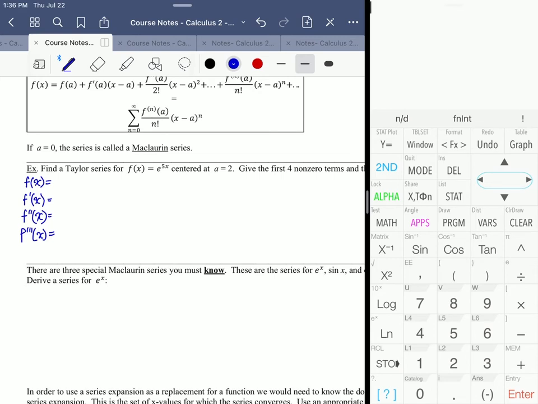All right, so if I evaluate this by plugging in a 2, I get e to the 10th. But actually, let me just do the derivatives first before I go too crazy with evaluating. So e to the 5x, 5e to the 5x. The next one would be 25e to the 5x, but I'm going to write that as 5 squared e to the 5x.